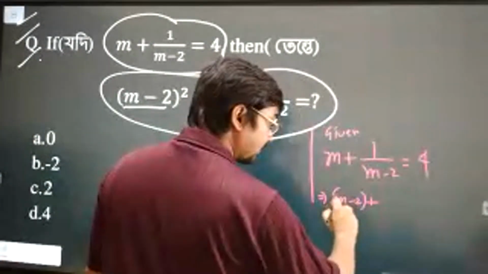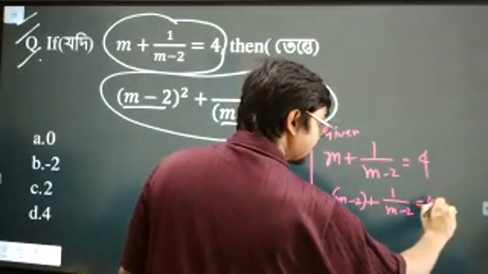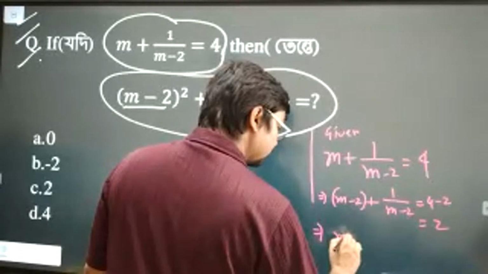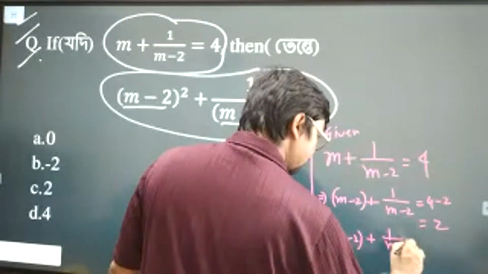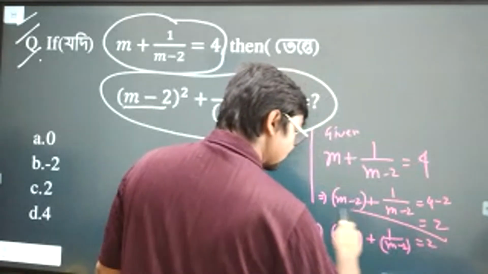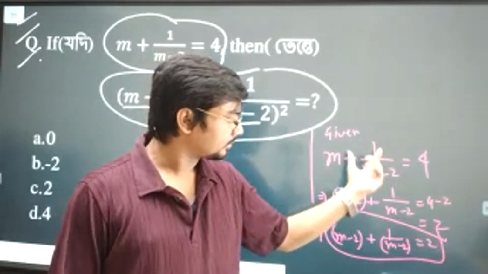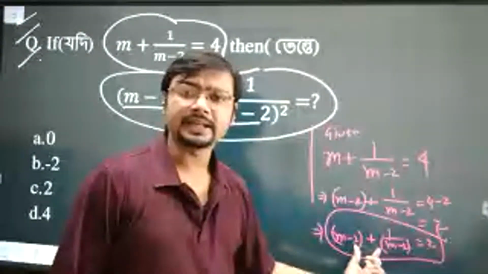If you subtract 2 on the left side, then what will be this value? This will be 2. So from this we see m minus 2 is equal to 2. This is given, so we can express it this way.